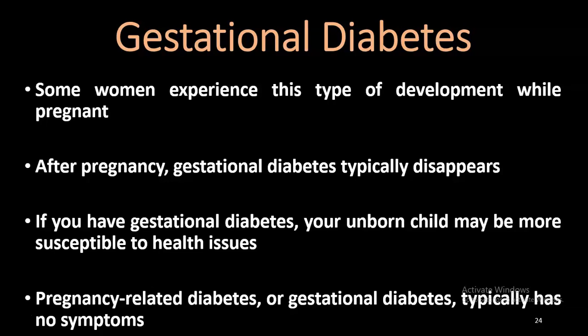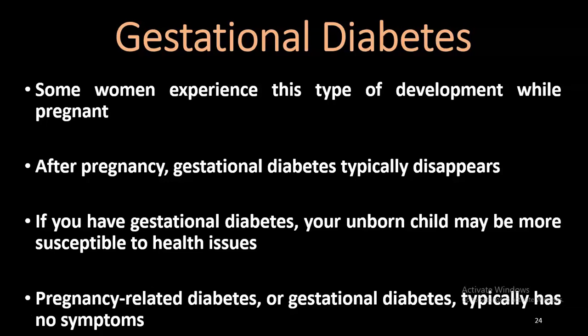Your child has a higher chance of being obese as a youngster or adolescent and going on to acquire type 2 diabetes. Pregnancy-related diabetes, or gestational diabetes, typically has no symptoms. Between 24 and 28 weeks of pregnancy, your doctor should check you for gestational diabetes if you're expecting.